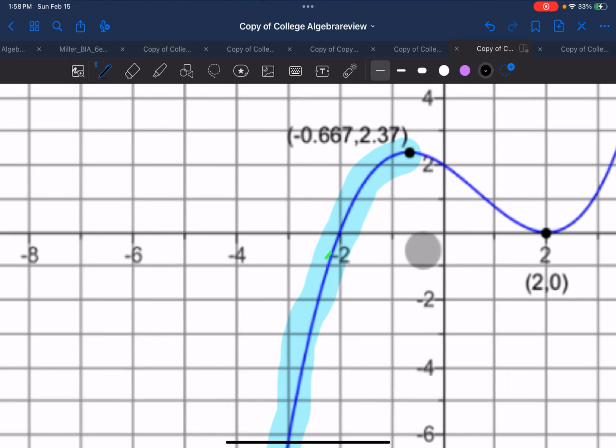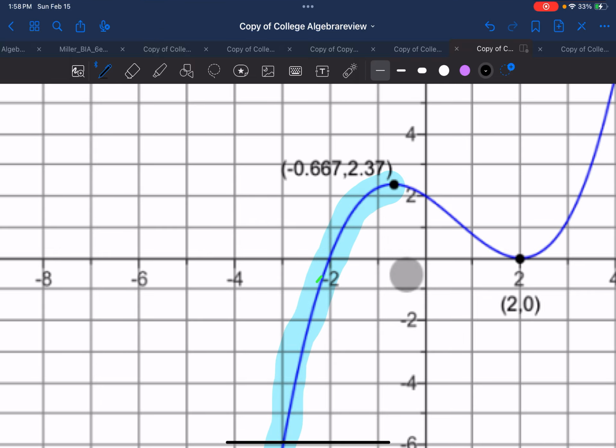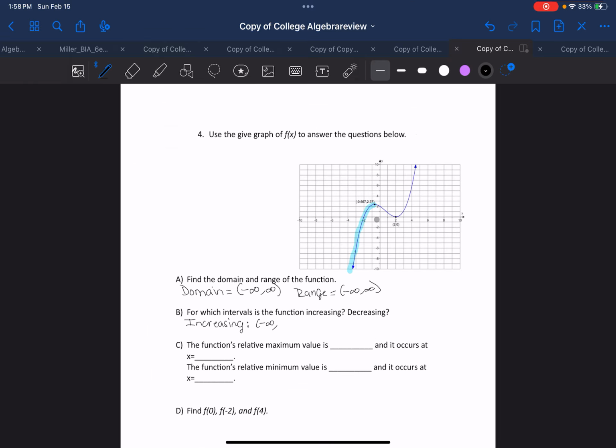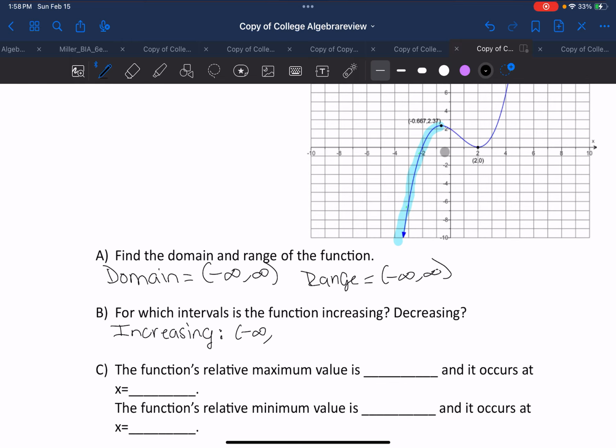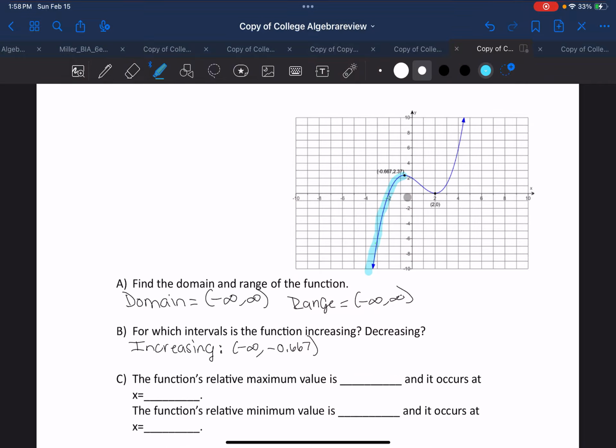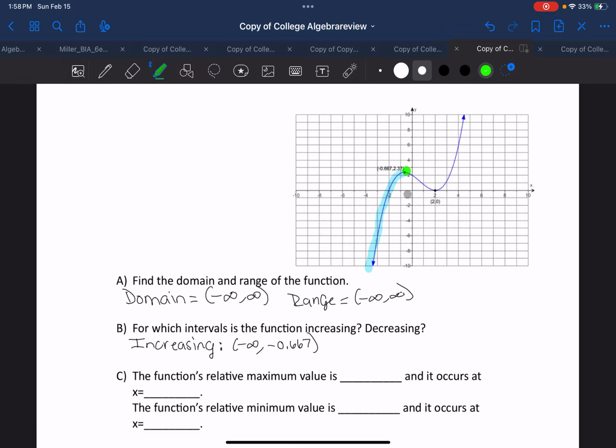Okay, here we go. That x value is -0.667. And then if I kept tracing it from that point, now I'd be going downhill until I got to that point there. And then I would start walking uphill again.